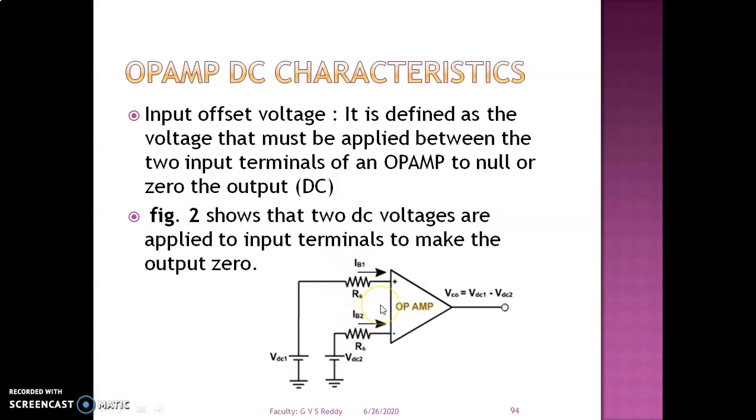The circuit diagram shows two DC voltages applied, VDC1 and VDC2. These are applied to the input terminals, VDC1 at the non-inverting terminal and VDC2 at the inverting terminal, to make the output voltage 0 volts.